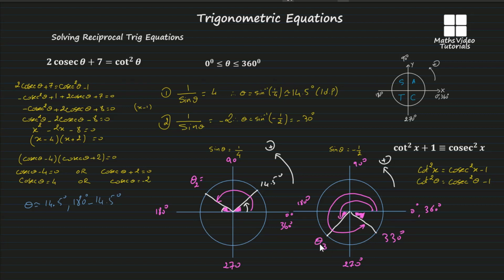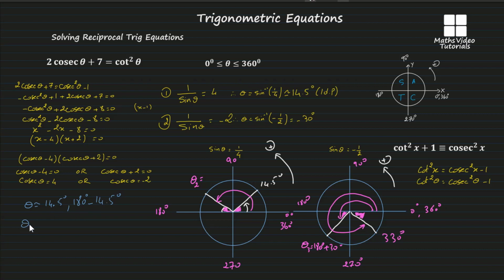So in order to work out theta 3, we need to do 180 plus 30 degrees. So theta 3 is equal to 180 plus 30 degrees. So let's recap on our solutions. For the first equation are these ones.